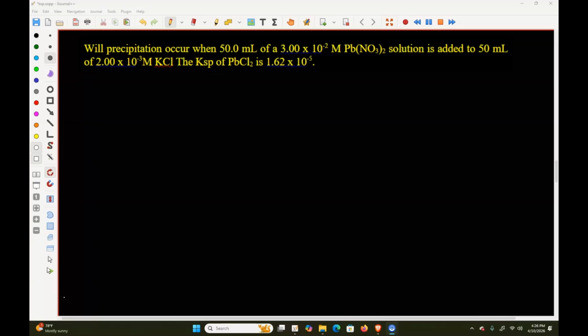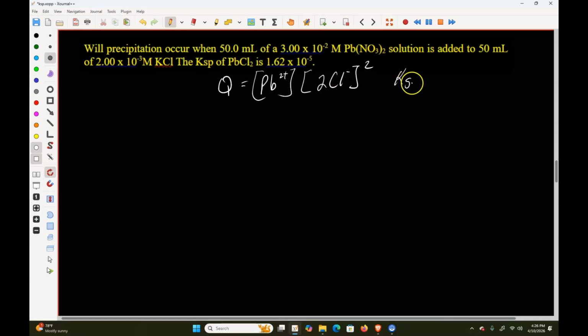So you need to think in terms of Q here. So Q is going to equal, same thing, the Pb2+ concentration times the Cl negative concentration squared. And you know that Ksp for the lead-2 chloride is going to be equal to 1.62 times 10 to the negative 5.